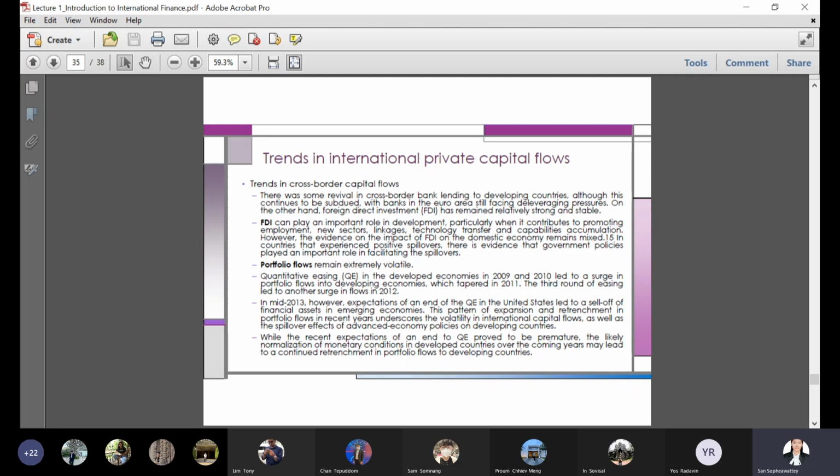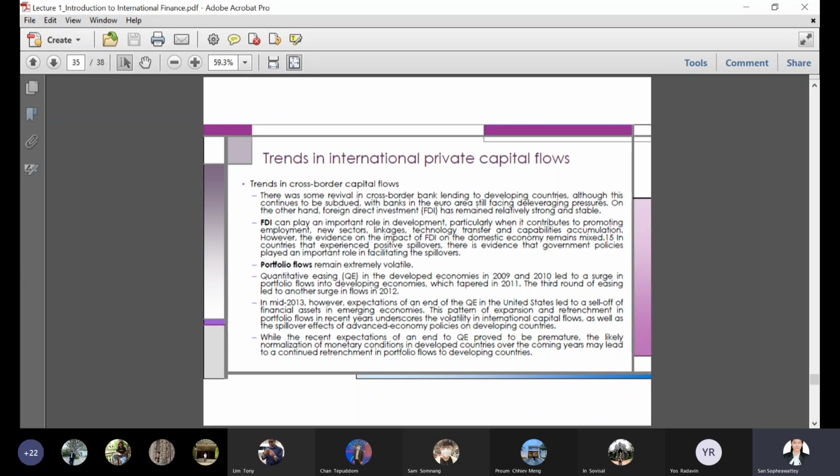But there is also some evidence on the impact of FDI on the domestic economy. In some countries, they experience positive spillovers, and there is evidence that government policy plays an important role in facilitating the spillover.